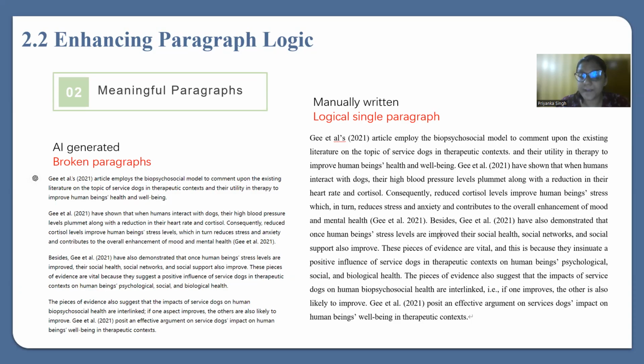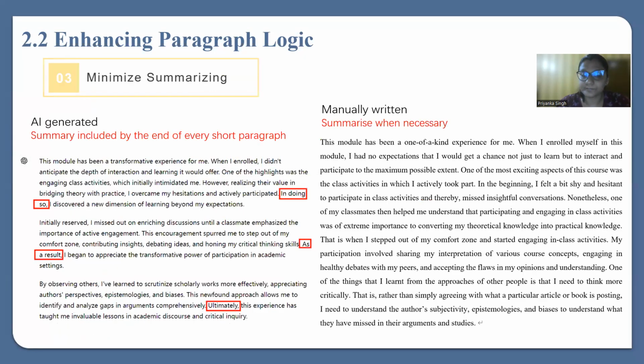In contrast, manually written content forms a logical single paragraph, integrating ideas smoothly. Each paragraph should have substantial content, ideally between 200 to 400 words, and should develop a single idea thoroughly.